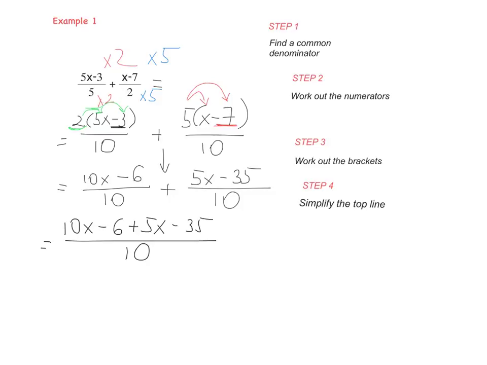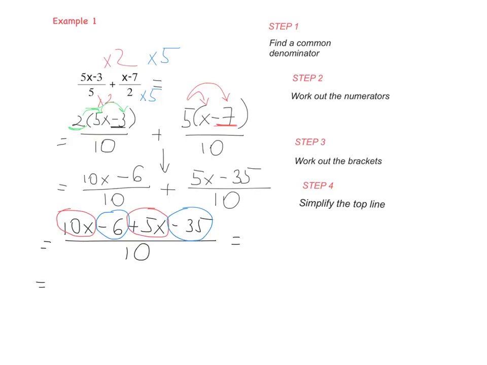And now we need to remember our algebra rule. How can we simplify it? So we need to look at it, and do we have any like terms? And what are the like terms, okay? In this case, we have 10x and 5x. These are like terms, they have the same letter. And then we have constants, minus 6 and minus 35, okay?